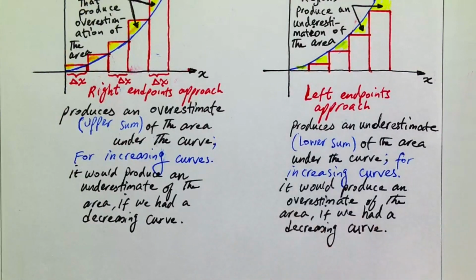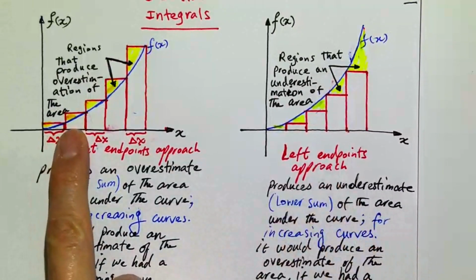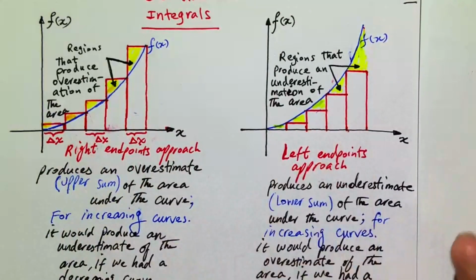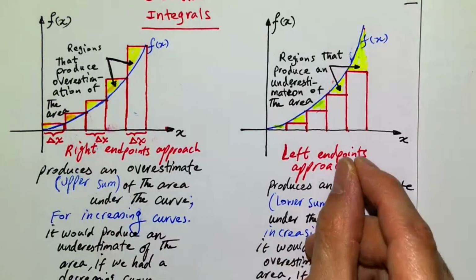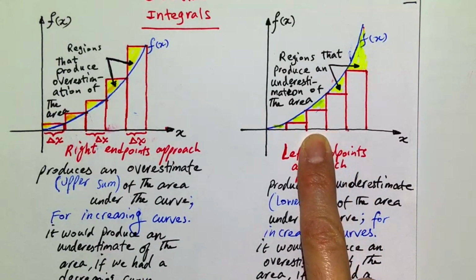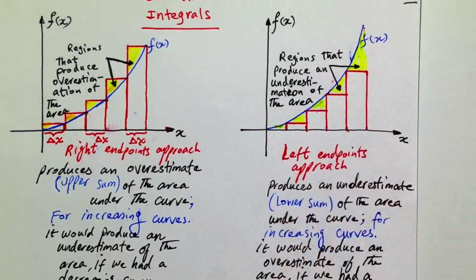apply this to if we had, as you can see, here we have just how many? We have 1, 2, 3, 4, 5, 1, 2, 3, 4. So what if we narrowed the width of each of these rectangles such that we could fit infinitely many rectangles under the curve.